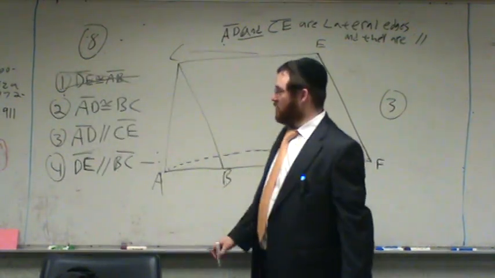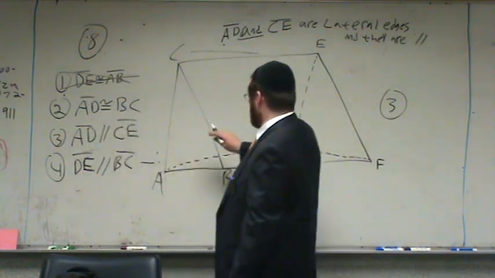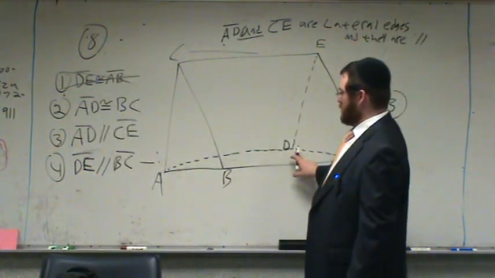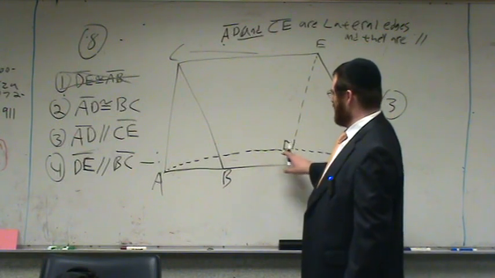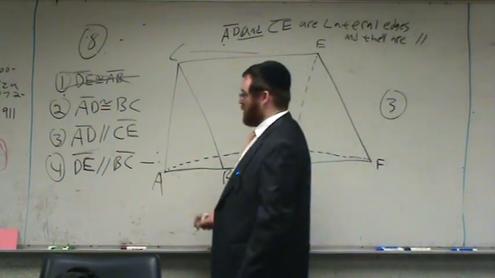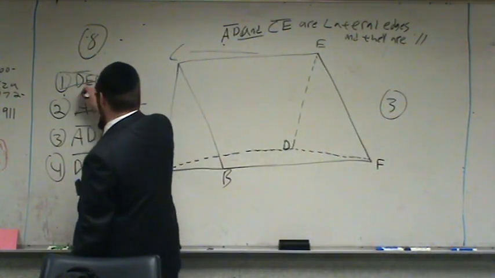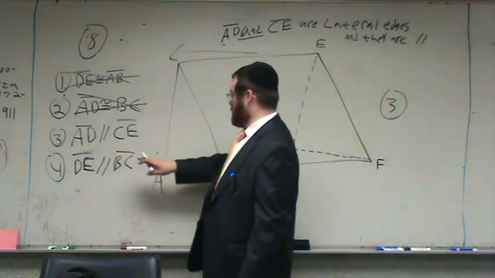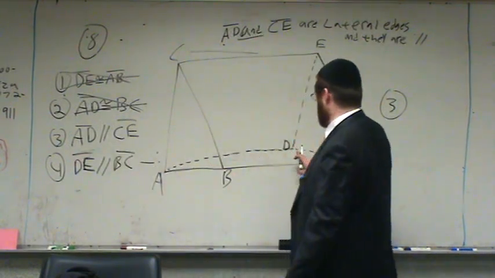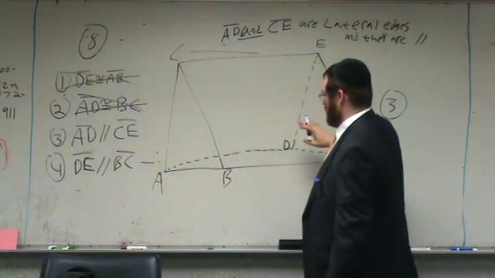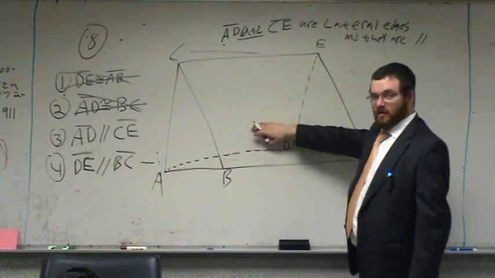Let's try answer 2. AD, the line in the back, is equal to BC. Well, there's no way of proving that, at least not from the information we have. Answer 3, AD is parallel to CE. Well, they're all on the same plane.